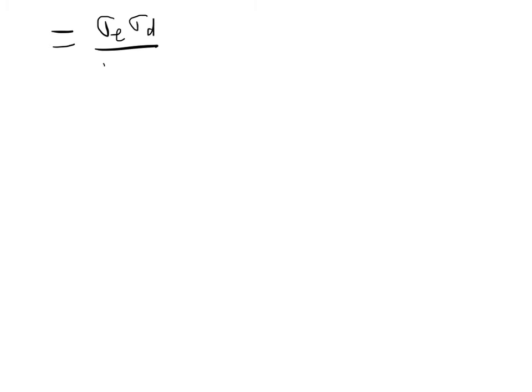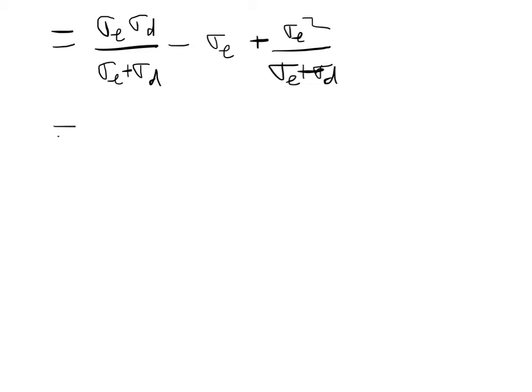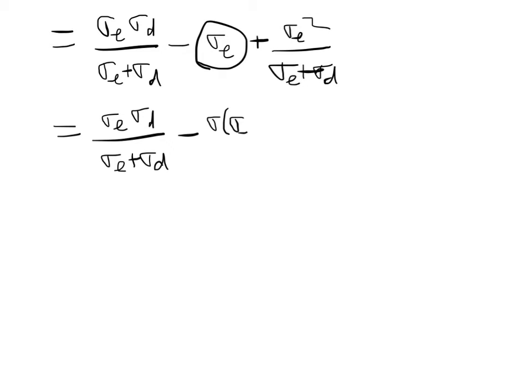Sigma E times sigma D all over sigma E plus sigma D minus sigma E plus sigma E squared all divided by sigma E plus sigma D. Well, if we want to write this term with a common denominator, we first write the first term minus sigma E times sigma E plus sigma D all over sigma E plus sigma D, and then plus the final term.